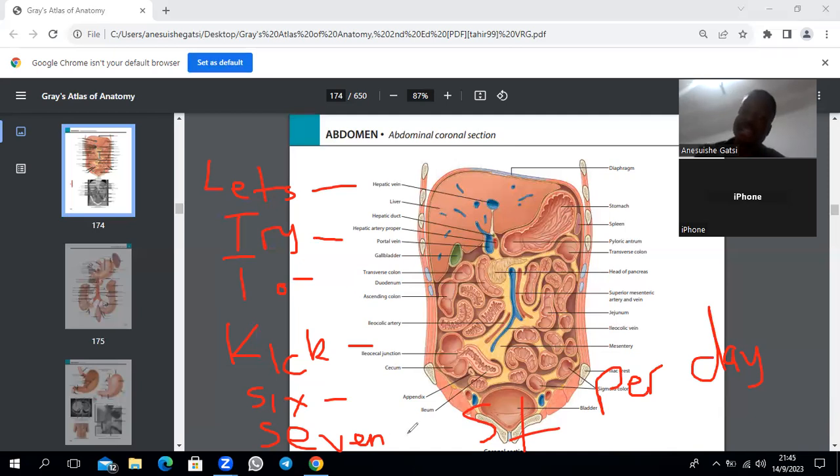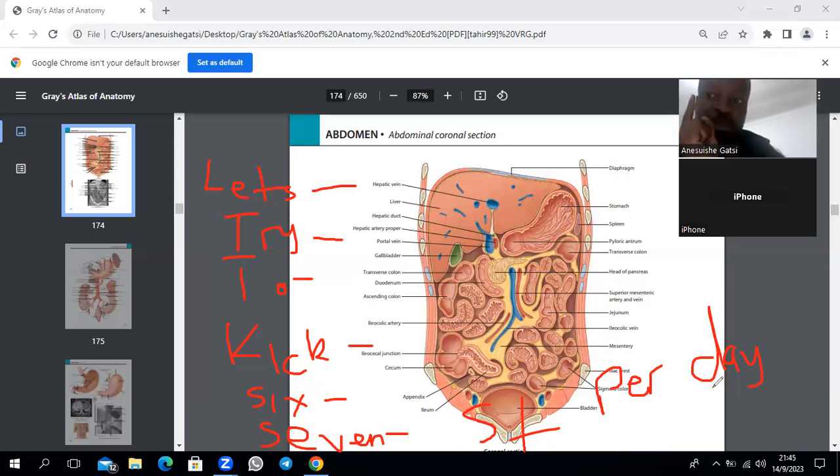The other S is the splenic artery. Then the other S is the left suprarenal gland, commonly known as the adrenal gland. Then the P there is the pancreas. The D there is the diaphragm.